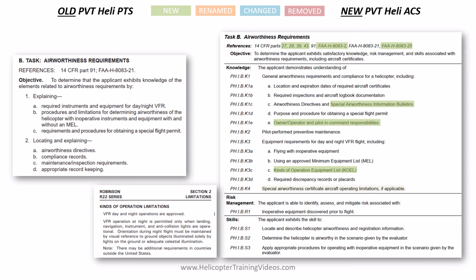The last element in knowledge is Special Airworthiness Certificate aircraft operating limitations, if applicable. That would be things like light sport, experimental, and special flight permits or ferry permits. Then we go into the risk section. Inoperative equipment discovered prior to flight, so you can imagine that being a scenario-based question that you're definitely going to get, because you always get at least one risk management question.